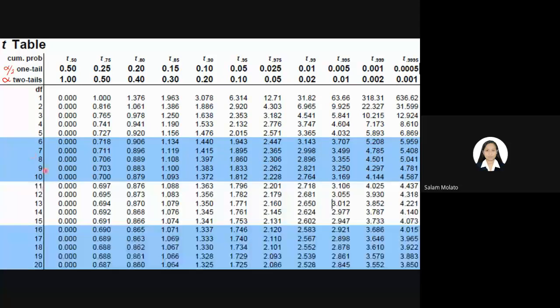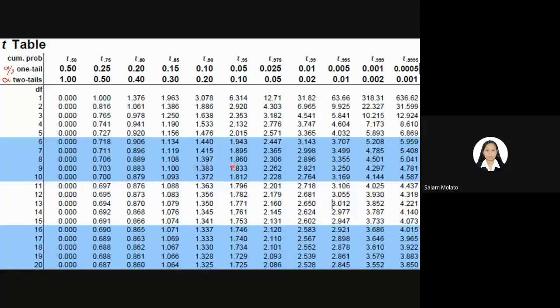And our alpha over 2, di ba, nasa one tail. Kapag one tail, that's alpha over 2. And that is 0.05, right?